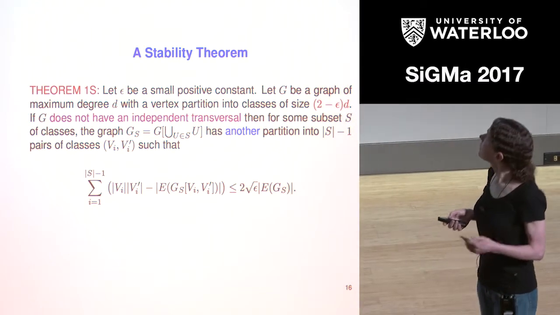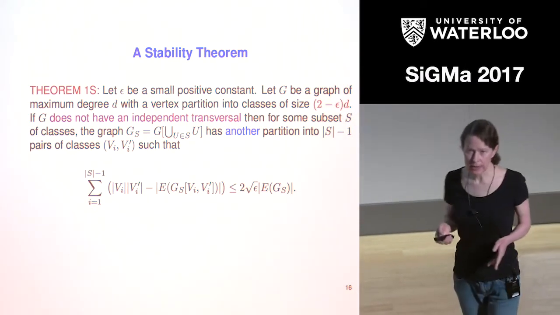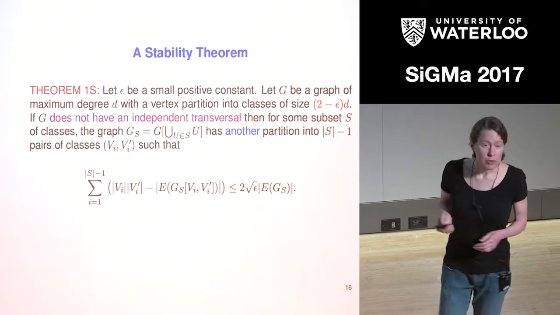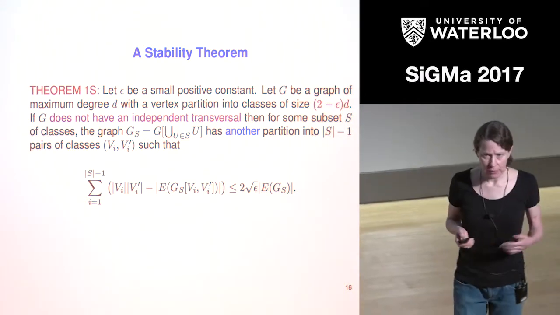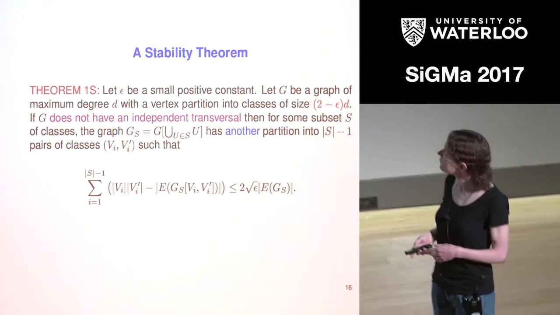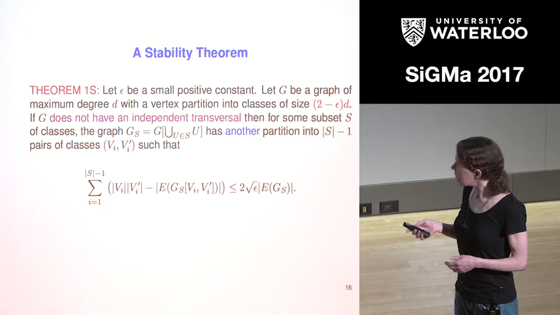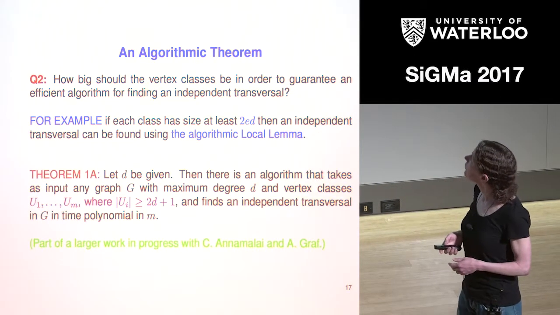So, at least from a distance, as long as these classes are close to 2D and we don't have an independent transversal, this structure really does exist. That's the structural statement I was going to tell you.